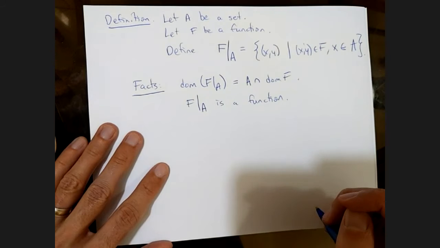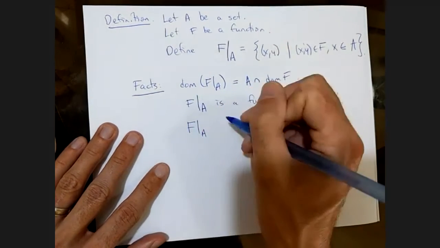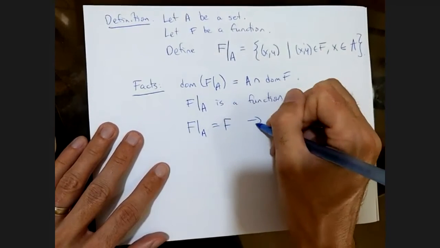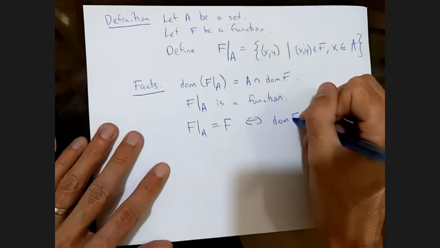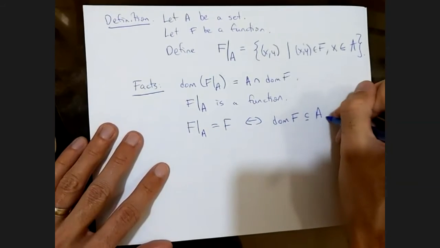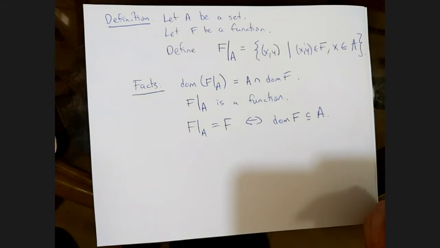I guess there's one more basic fact you could say: the restriction to A equals F if and only if the domain of F has to be contained in A. Okay, so we can restrict functions to have smaller domains, just like normal.